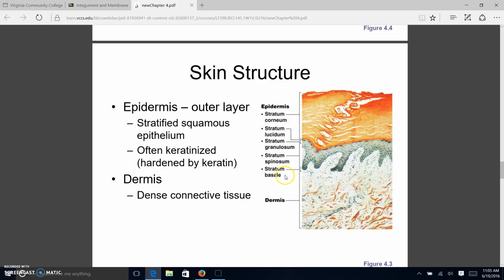So the stratum basale, actually also sometimes called the stratum germinativum, that is our very first layer of cells next to the basement membrane. Its main job is where we contain our stem cells and our melanocytes, cells that produce melanin, but our stem cells, which are constantly going through mitosis. They're constantly dividing, okay, and they keep dividing up.